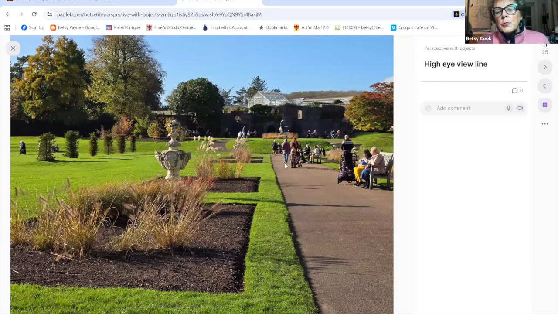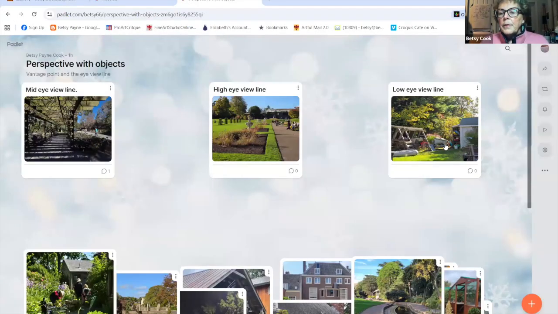That means we're underneath it, and it's going this way down. If we were directly in front of that, it would be straight. It's on an angle. So that tells us that our eye view line is below the edge of this building right here. So there's a couple of tips, and I'll give you one that's up close and a little bit better.